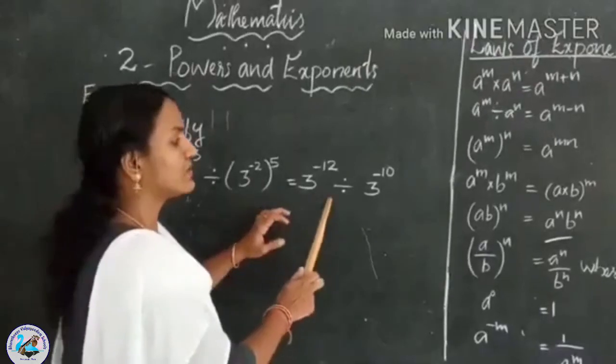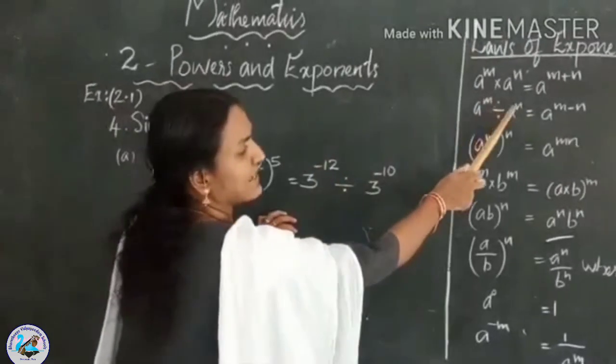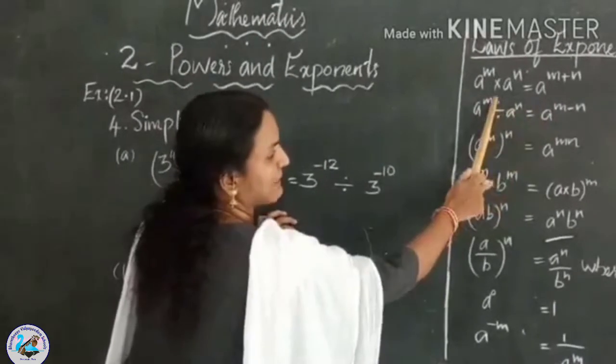Which law is used in this problem? Second law, a power m divided by a power n is equal to a power m minus n.